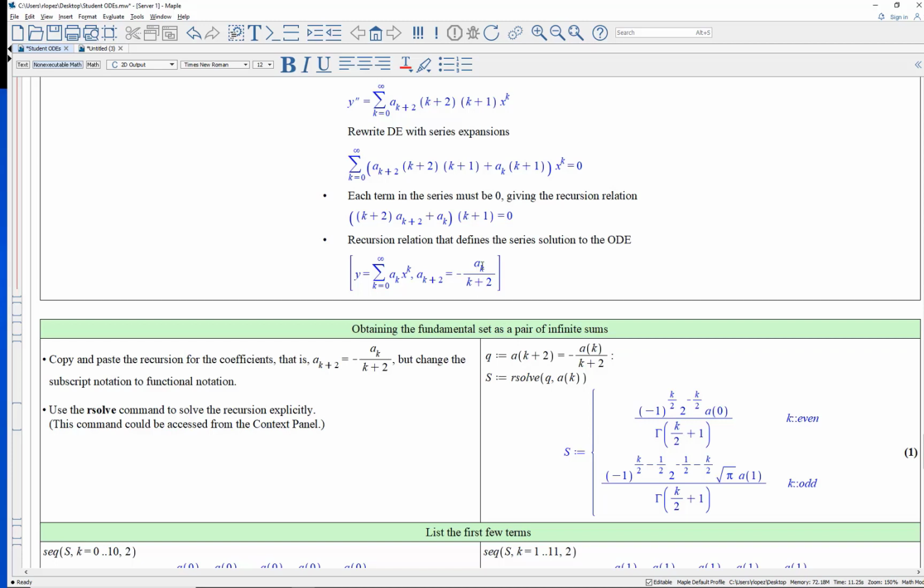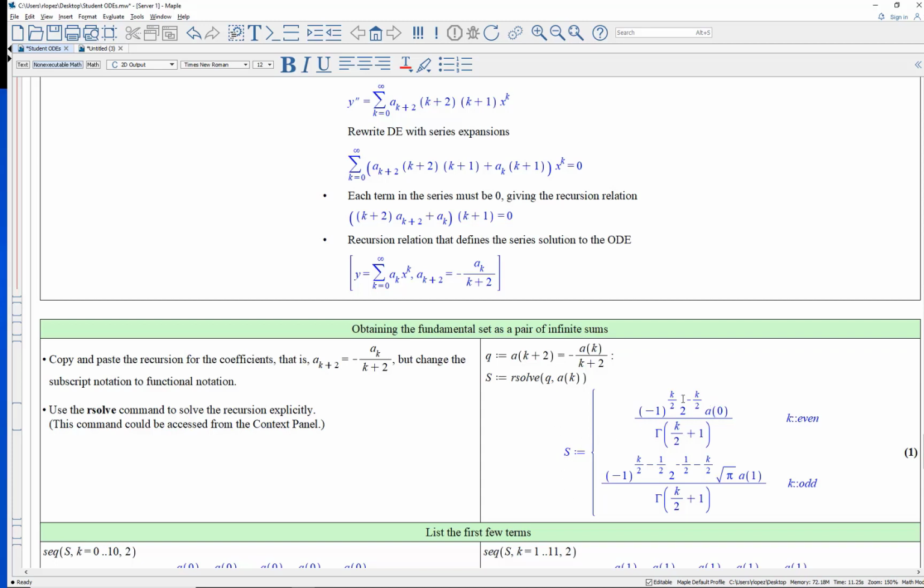Now, these are subscripted A's, and if you were typing them out, you would use a square bracket, A with a square bracket, K plus 2. The rsolve command is functional. You must use round parentheses. So you can control drag it, but you've got to change subscript notation to functional notation. And Maple solves this recursion.